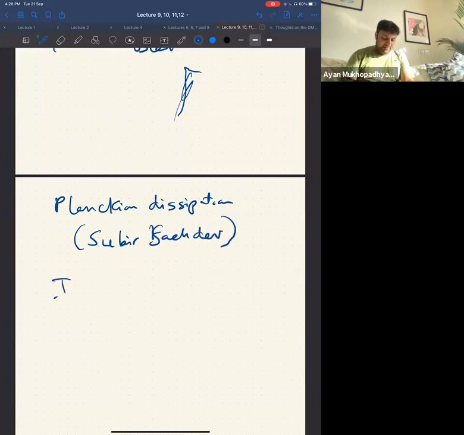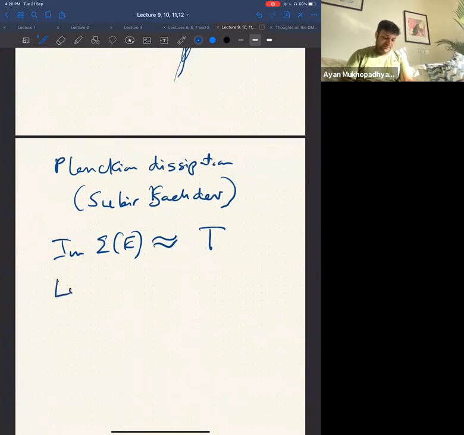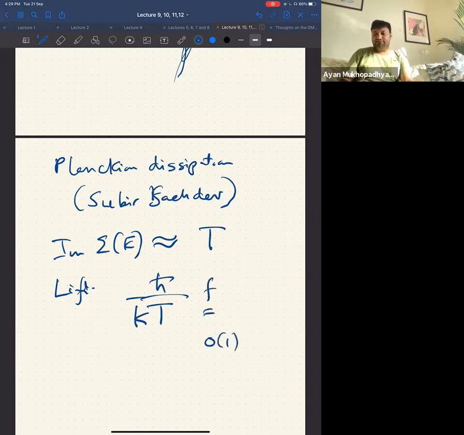What happens is that this imaginary sigma k actually becomes of the order of the temperature T. And so the lifetime goes like h bar by T, or h bar by kT if I reinstate the k, up to some factor f, which is order 1, which is independent of all the parameters of the theory. It's something like a universal thing.